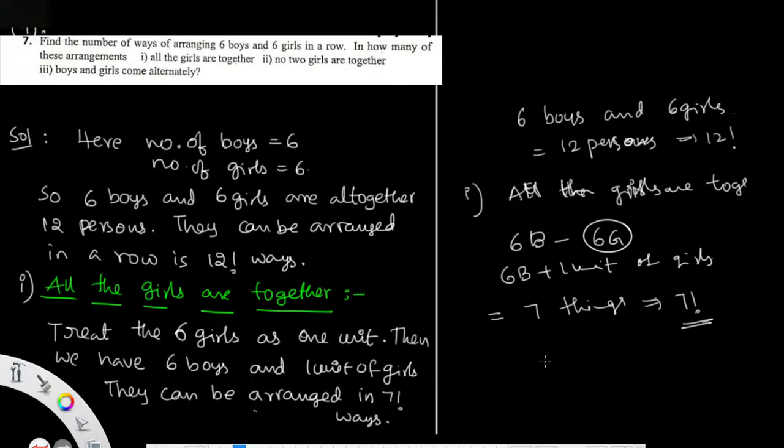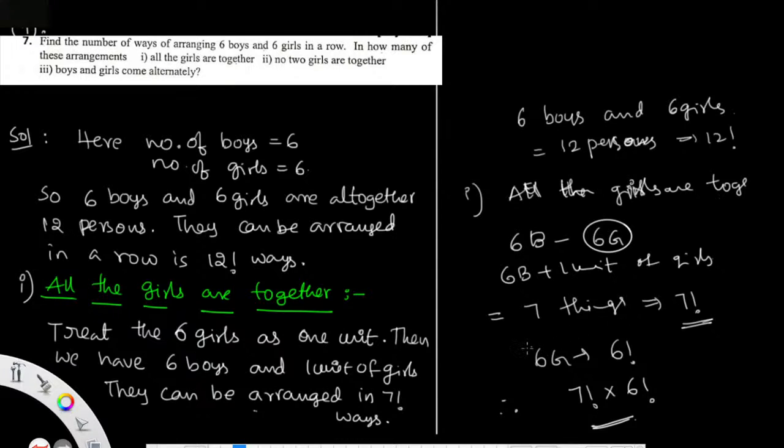That means the 6 girls can be arranged among themselves in 6 factorial ways. Therefore, the total arrangements with all girls together is 7 factorial into 6 factorial. All the girls together means all the girls sit in one place only.